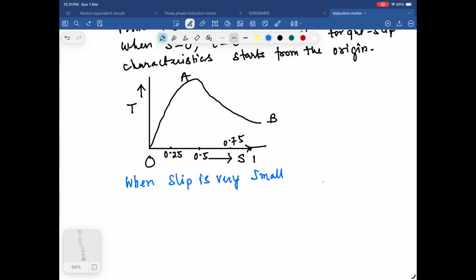When slip is very small but not equal to 0, then what will happen? The denominator term S X2 square will be very small.